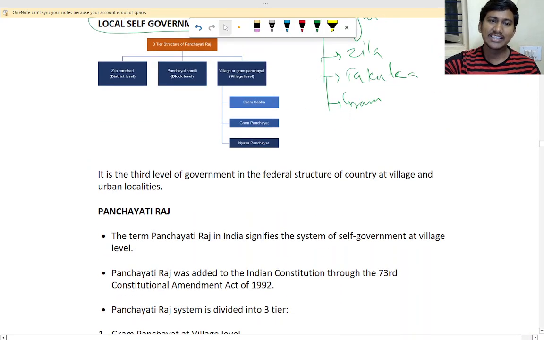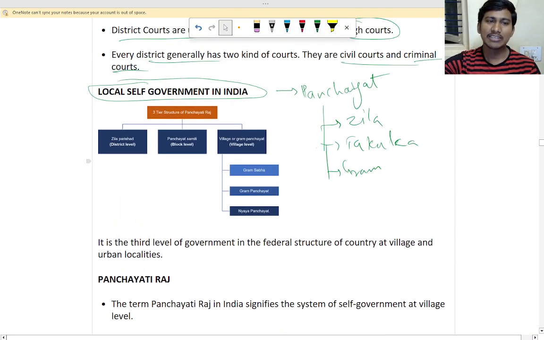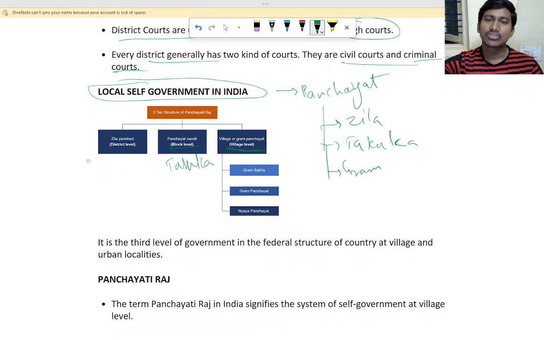Jilla Panchayat or Jilla Parishad is the district. Block level is Panchayat Samiti, that is Taluka Panchayat. And then Gram Panchayat is the village. So there are three.